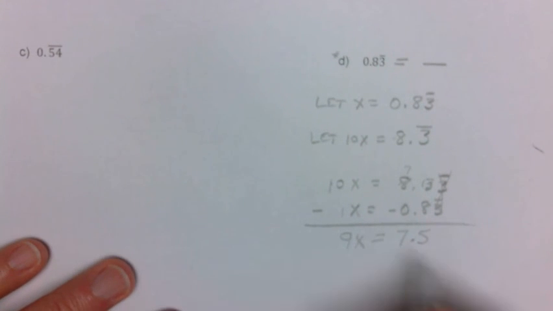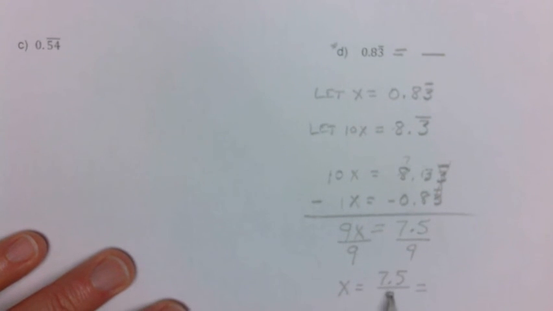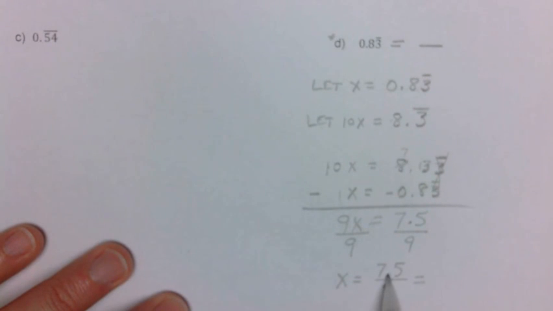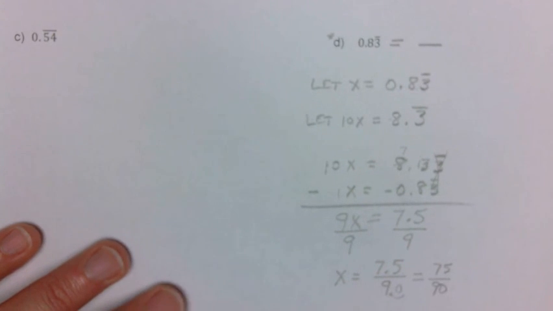Now to get x all by itself, divide each side by 9. And x equals the fraction 7.5 over 9. But again, we don't like having a decimal in our numerator, so I'm going to move that decimal one time to the right, which means I have to do the same thing down here. This is going to turn into 75/90ths.